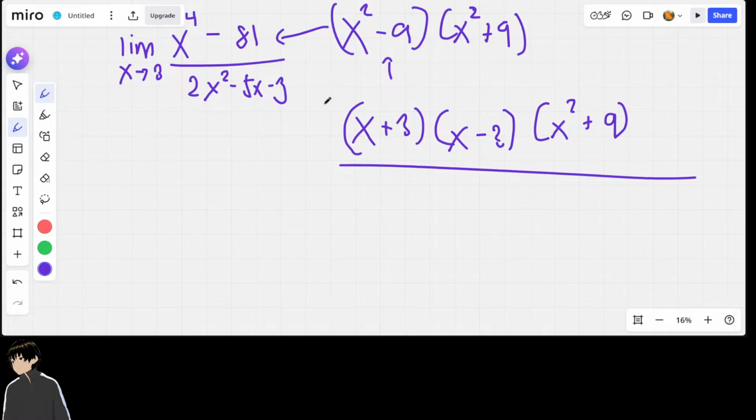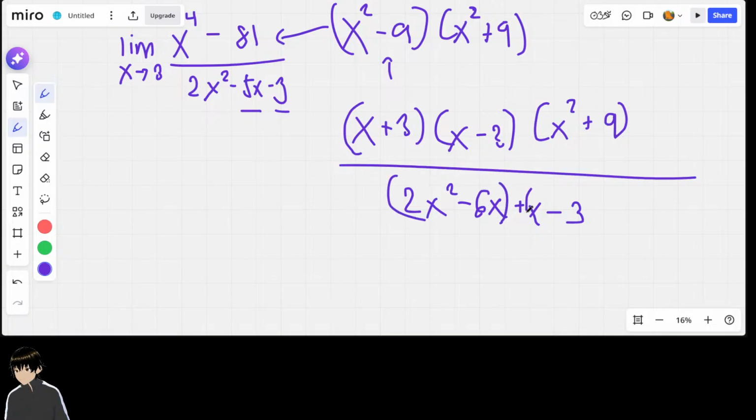So I think you're going to find something that adds to negative 5 and multiplies to negative 6, but since we can't do that, we have to expand this and make it negative 6x plus x. Then we can just separate it.